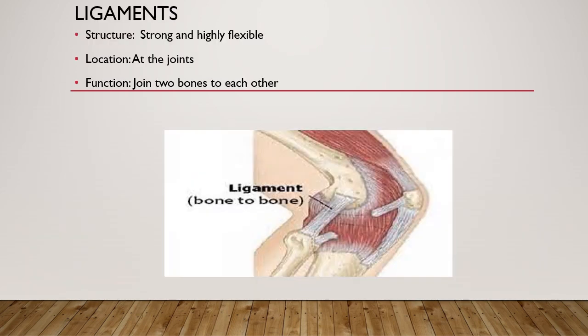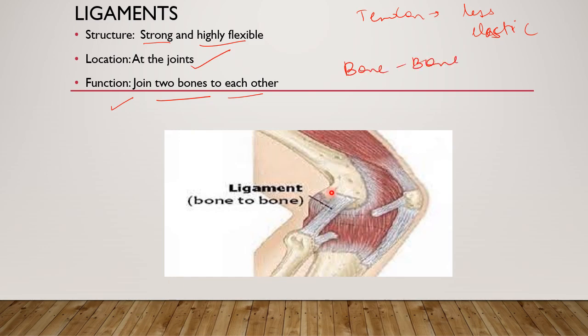And the last one is the ligaments. Ligaments are strong and highly flexible, whereas tendons were less elastic. That is the difference. They are also present at the joints, but what is the function? They join bone to bone.